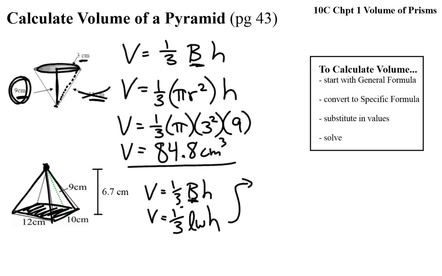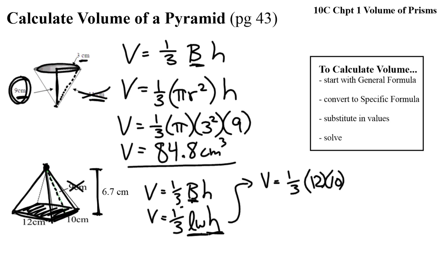I'm just going to move up here so I have more room. So volume is 1/3 times the length and width of the base rectangle, 12 and 10. Length 12, width 10. And now we need the height of the pyramid. Here we have the slant height. That's a surface area value.